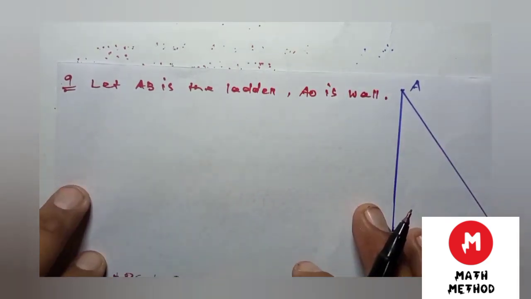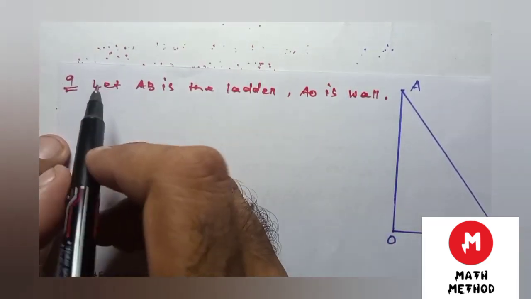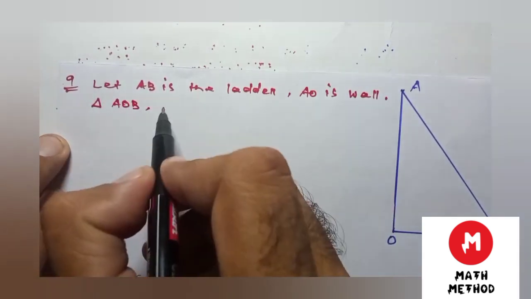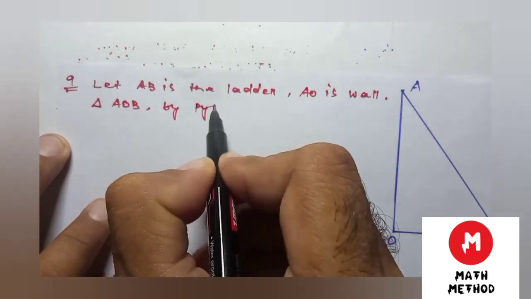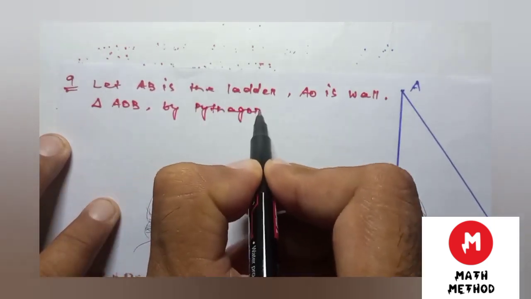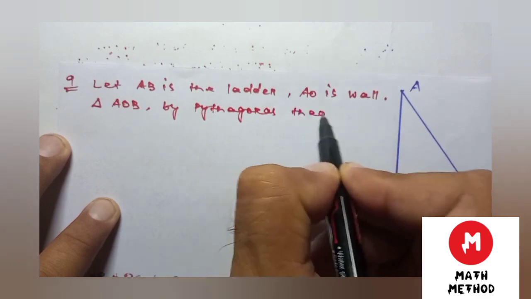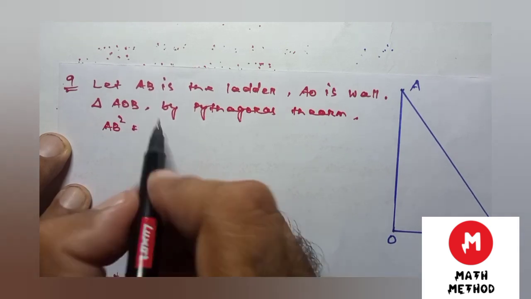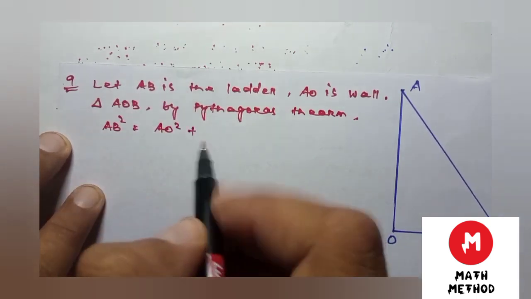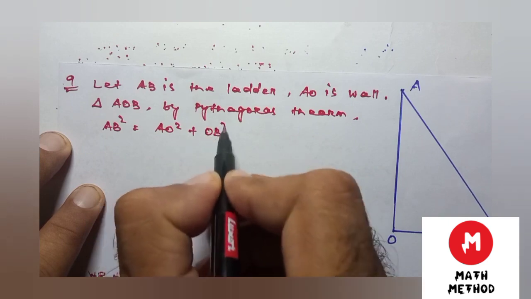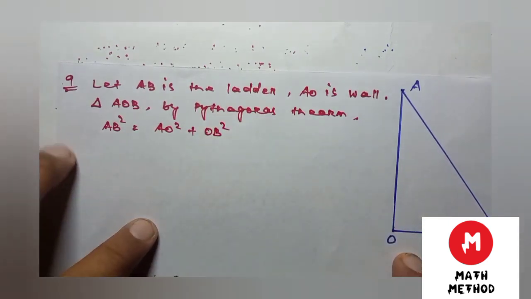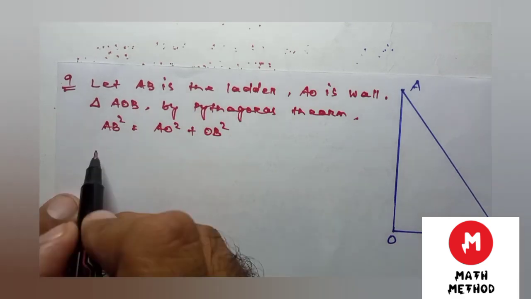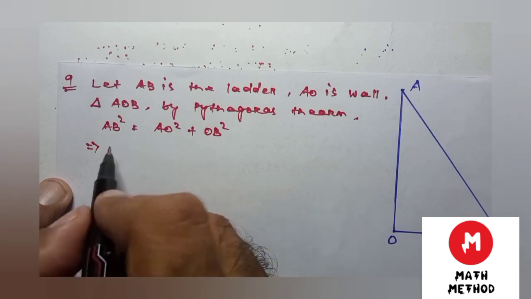Hence, by applying Pythagoras theorem in triangle AOB, here AB square is equal to AO square plus OB square. So we have to find out the distance between the foot of the ladder and the foot of the wall. So this implies OB is our distance.